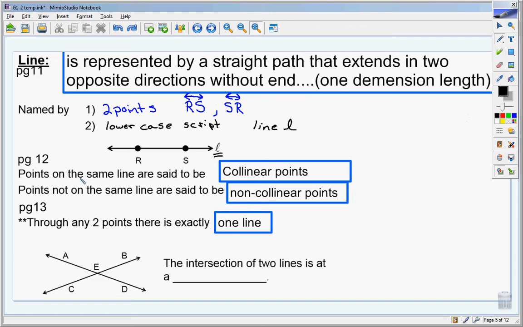Points that are on the same line are said to be collinear points. In other words, R and S in this picture are collinear. Co kind of means together. Linear means on a line.